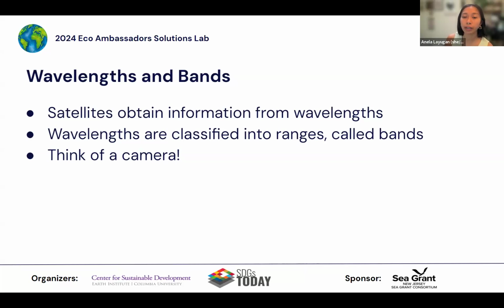If you've been looking at satellite imagery for your projects, you might have noticed that some satellites have information for band 1, band 2, band 3, and so on. In a lot of satellites that capture just visible light, band 1 is usually the red part of the electromagnetic spectrum, and then bands 2 and 3 and so on are the other colors and areas of that spectrum.